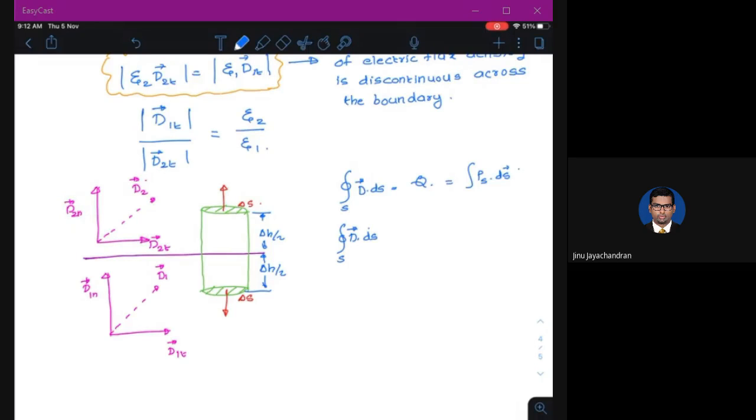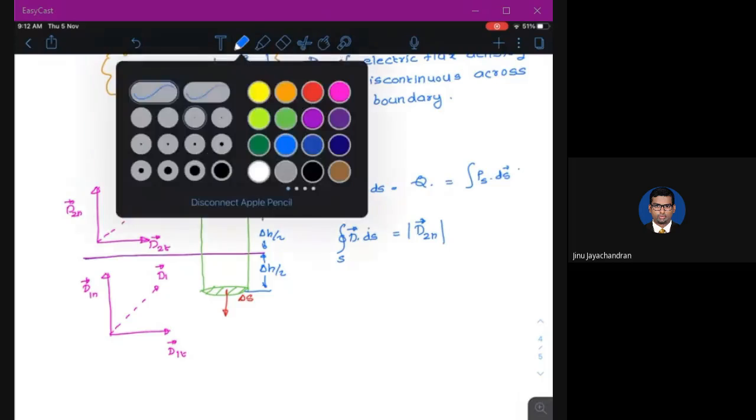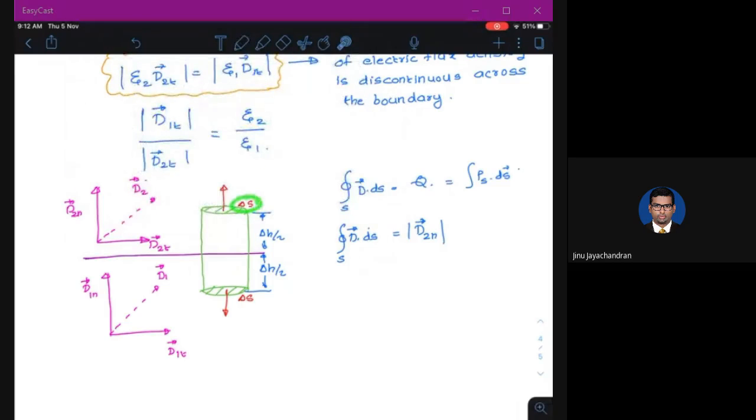So you can write this as D2N, its magnitude, multiplied by the surface area, which is here delta S. This is the surface area of this surface, and the surface area of this surface.